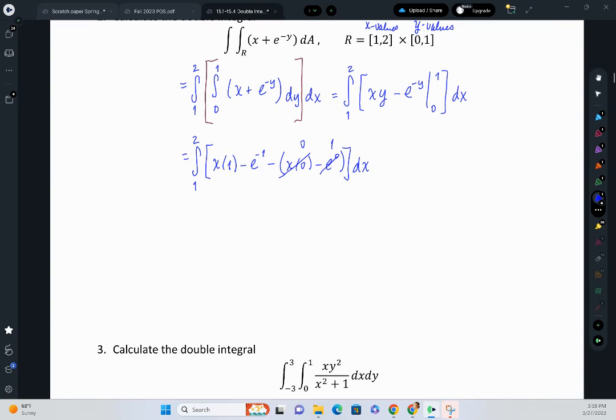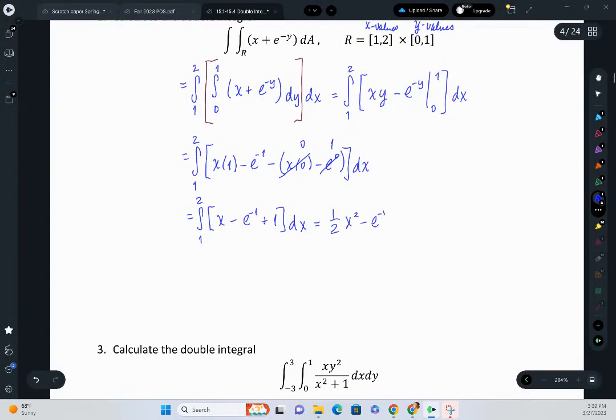Okay, let's put this together. This is going to give me the integral from 1 to 2 of x minus e to the minus 1 plus 1 dx. Okay, now I keep going. If I find the antiderivative with respect to x, I'm going to get 1/2 x squared minus e to the minus 1 times x plus x, all getting evaluated from 1 to 2.